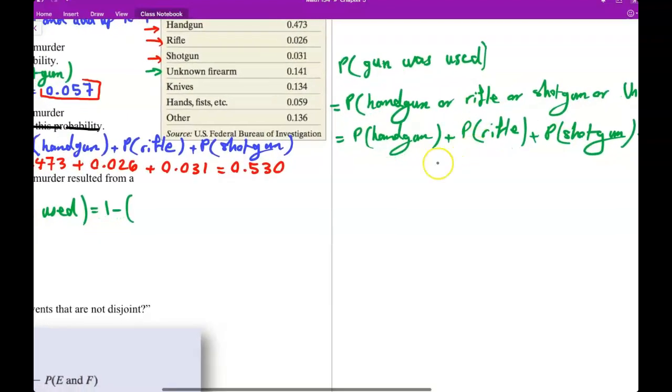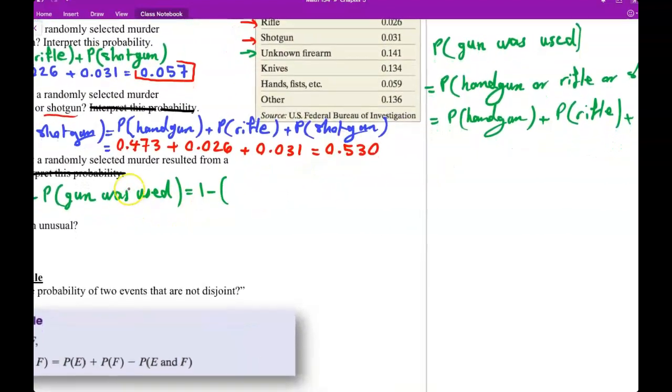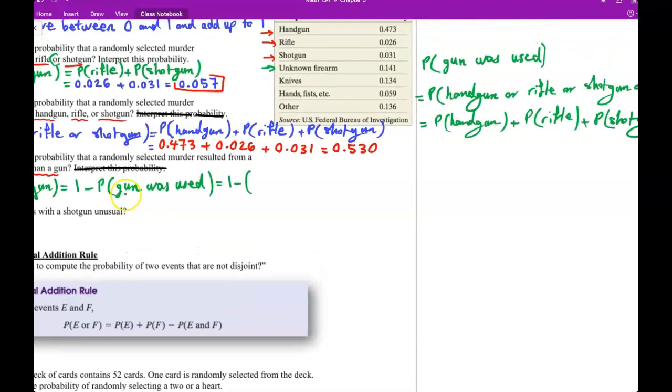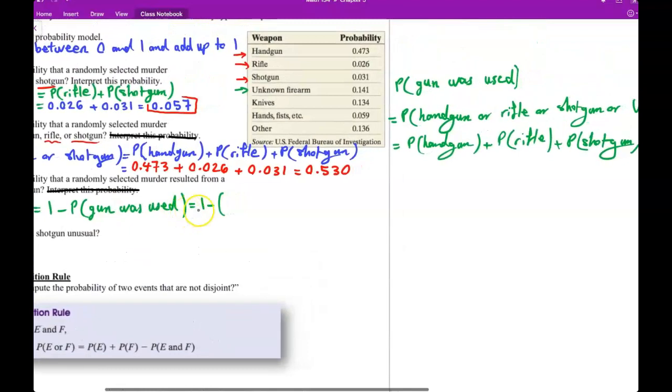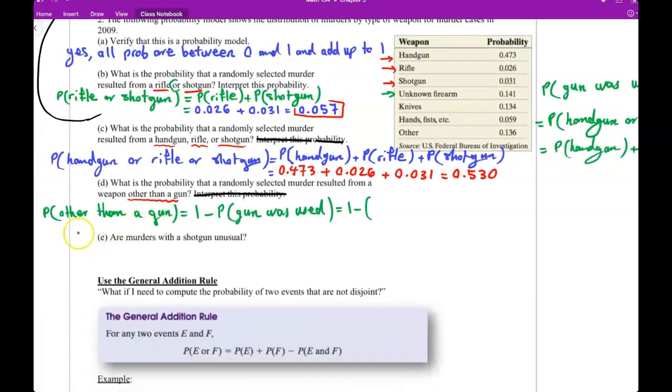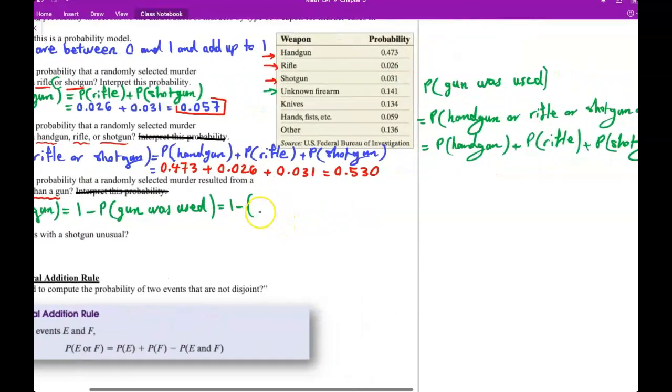Instead of writing that part here, I just summarize this one. Probability of gun was used: adding all these four numbers and subtracting from 1 is the answer for a weapon other than gun.